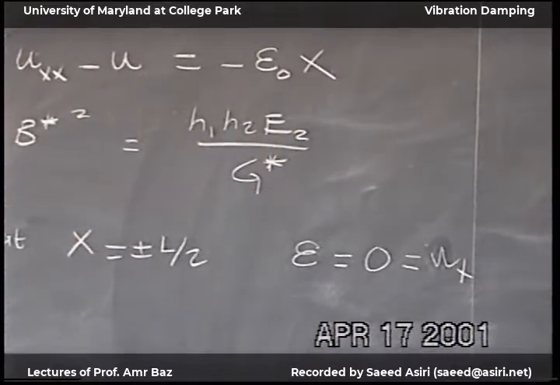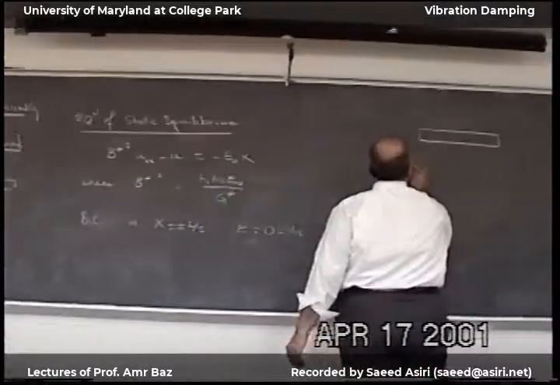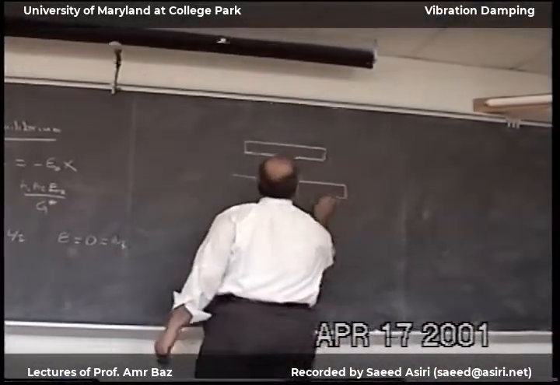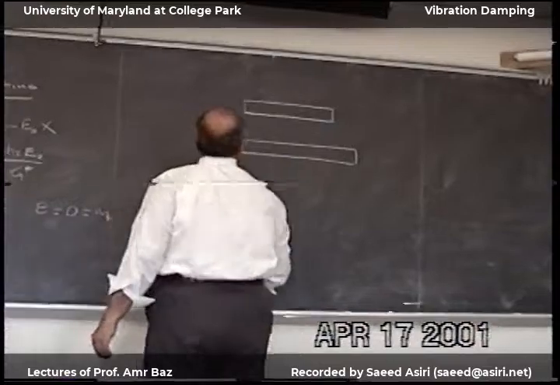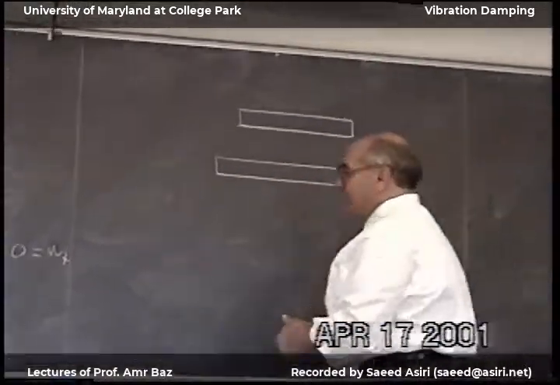For this arrangement, we had something like this. The base structure expands with epsilon 0.